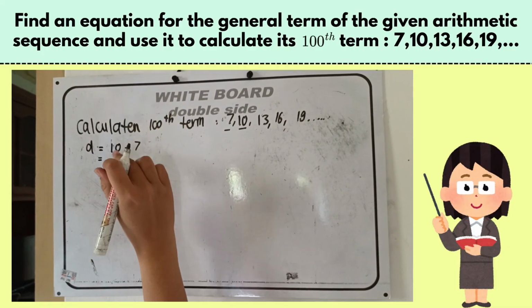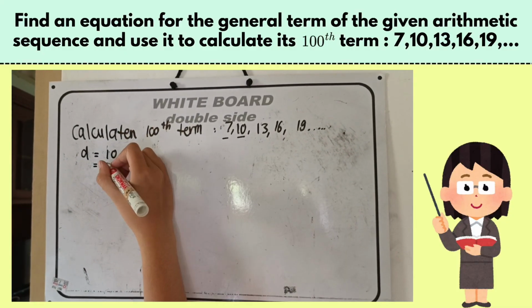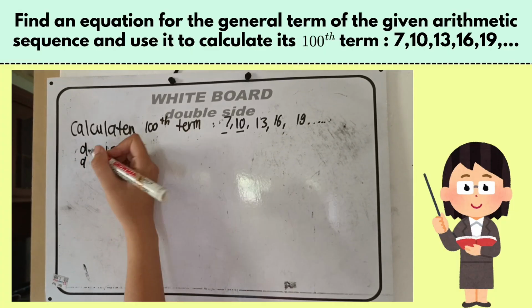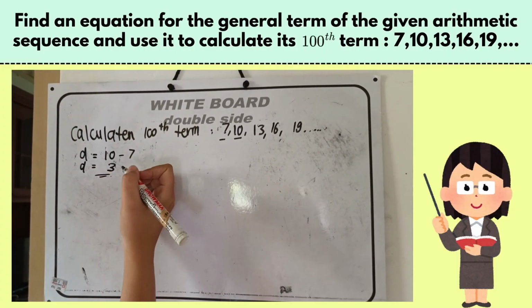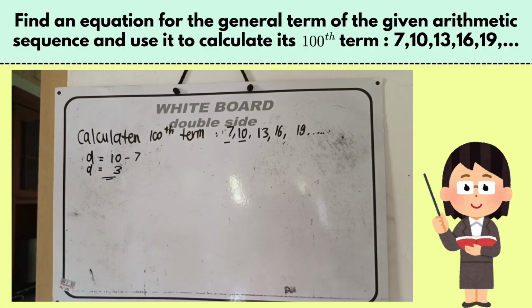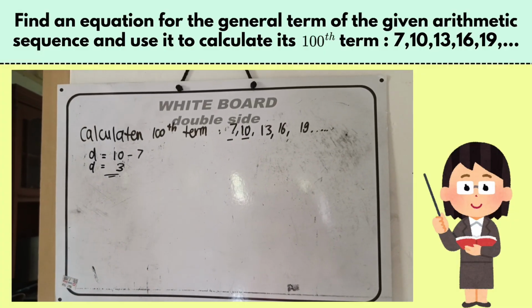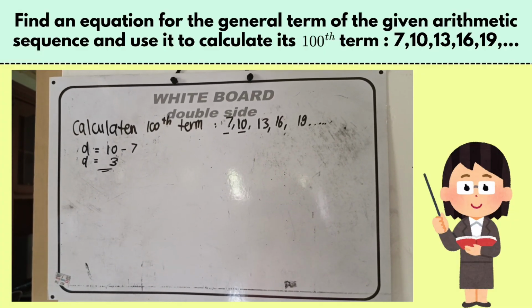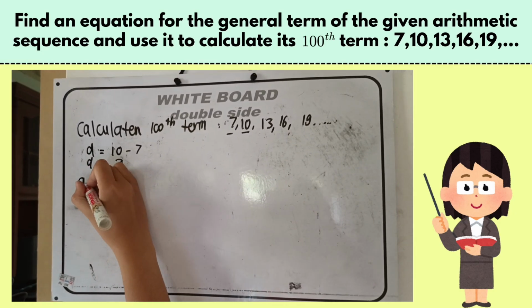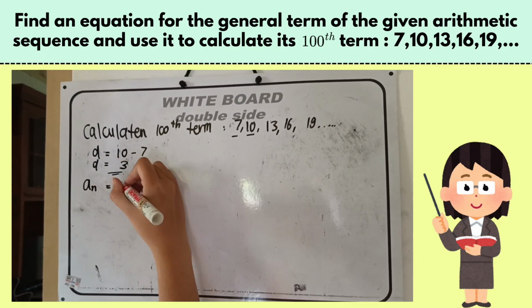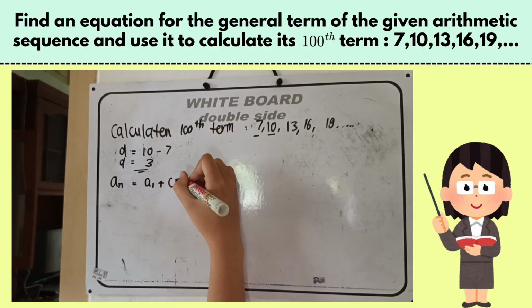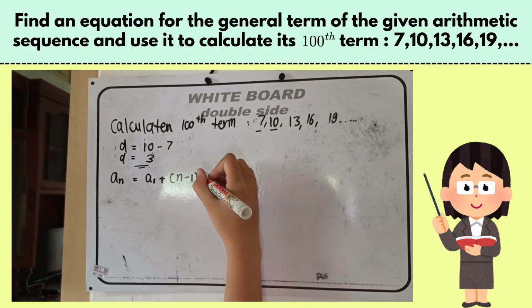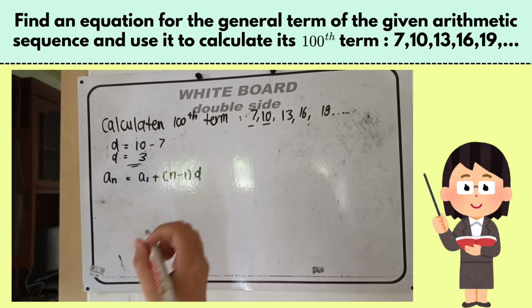So 10 minus 7 is equal to 3. So the common difference is 3. And remember the formula for an arithmetic sequence: a sub n equals a sub 1 plus n minus 1 multiplied by d.